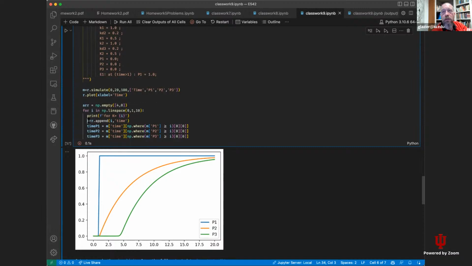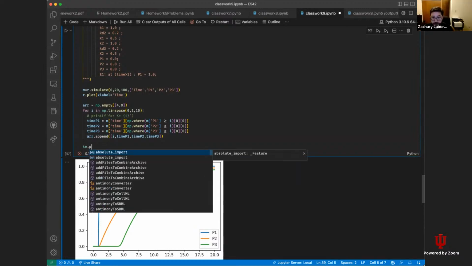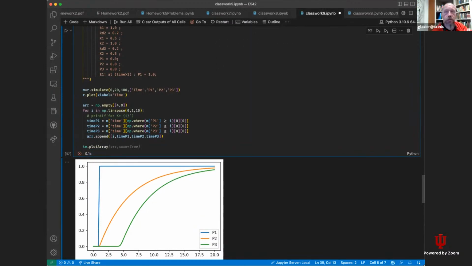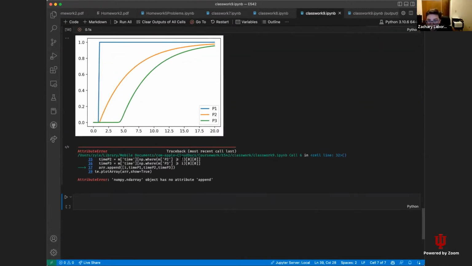And now you could do your append, which would be appending square bracket I comma, there you go. I got it all. GitHub Copilot just knew what I wanted. Yeah, there you go. And then you can do a plot array on the final result for the array. I think it's like TE plot array, right? Yeah, plot array with capital A. There we go. Let's see if that works. It did not like that.